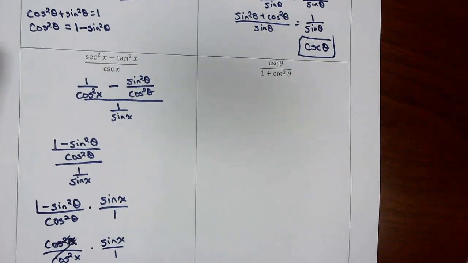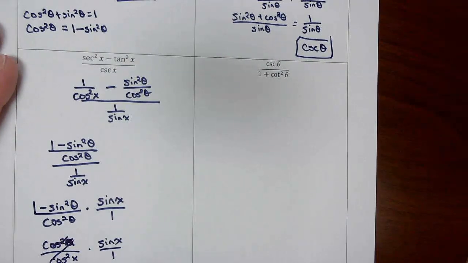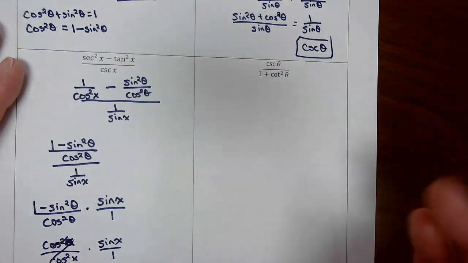Feel free to try the next one on your own first and see what you come up with. I'll do it also. There are more than one way to do each of these problems.